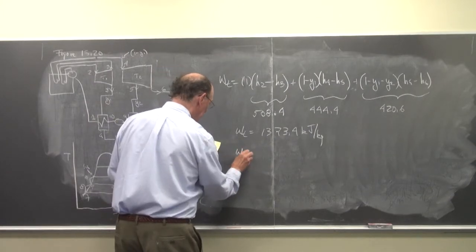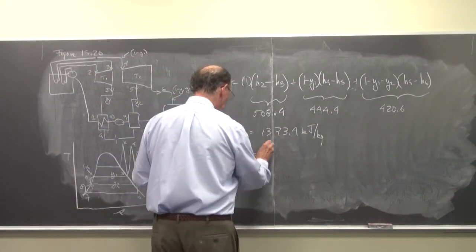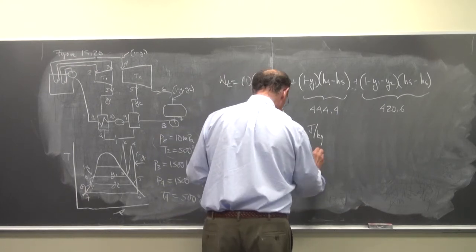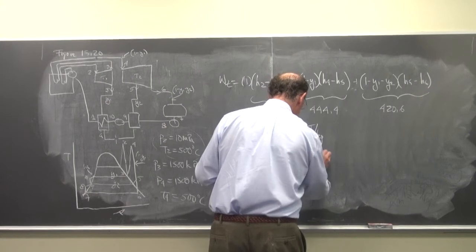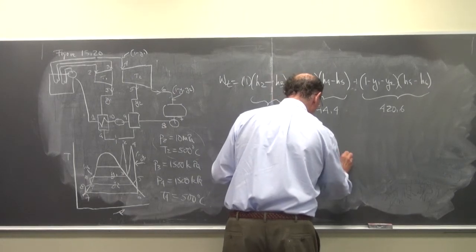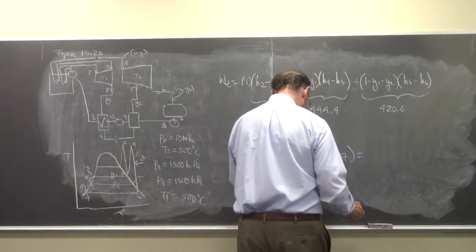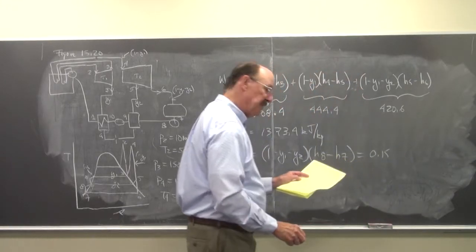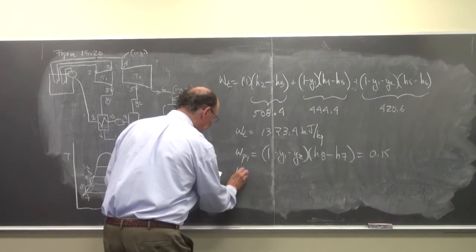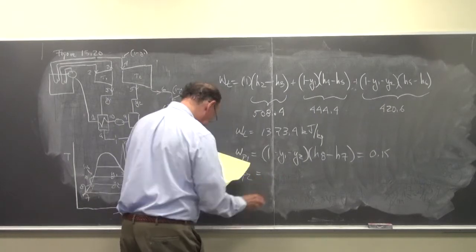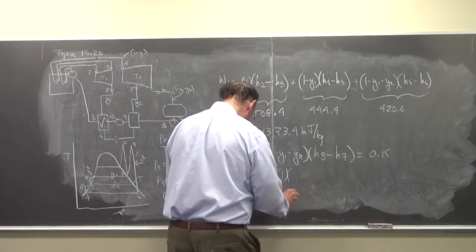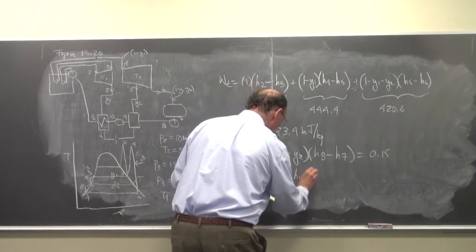WP1 is equal to (1 minus Y1 minus Y2) times (H8 minus H7). So that's equal to 0.15. Then we find the second pump work, WP2, is equal to 1 times (H10 minus H9).